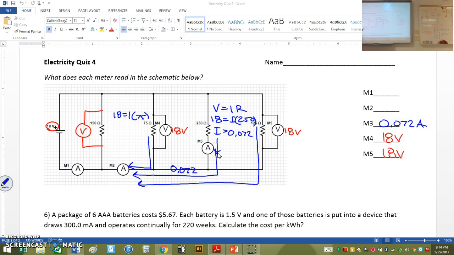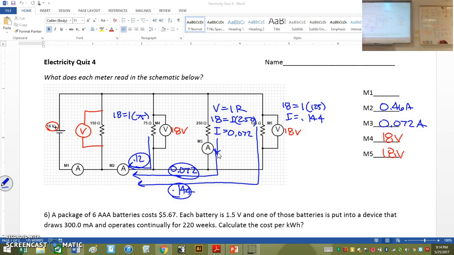So the current flowing through this one right here is 0.12. This one here, 18 equals I times 125. So the current running through this branch turns out to be 0.144. So if you add these 3 branches up, you're going to get M2, and that comes out to be 0.46.